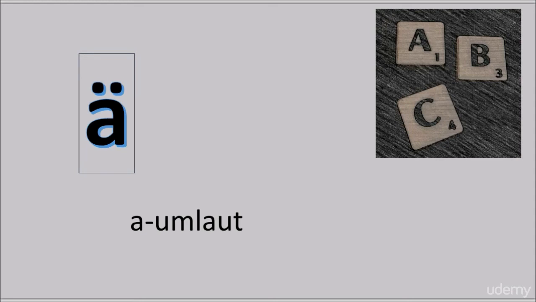And the good news is, if you needed to spell a word with an A umlaut, you can actually say A umlaut. Sometimes even Germans do it, but most of the time they will say what the letter is. So it's Ä, Ä.